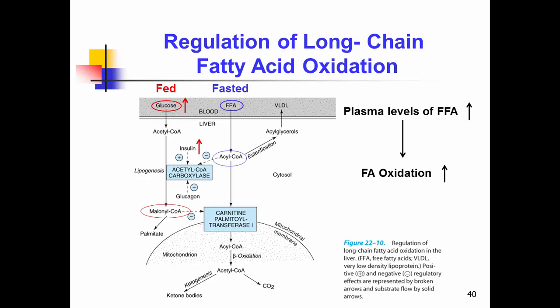And we also know that under the fed condition, insulin level is high, right? So insulin, if you still remember, is an important regulator of the ACC enzyme. So insulin basically stimulates ACC activity, right?